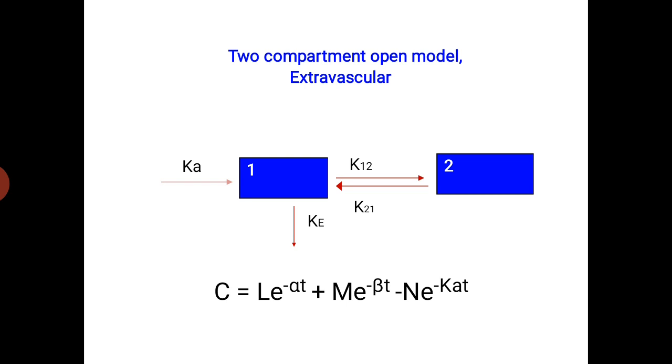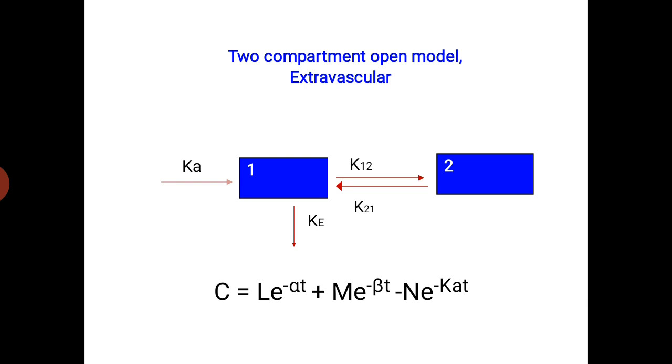L represents the distribution hybrid constant, M represents the elimination hybrid constant, and N represents the absorption hybrid constant. Alpha and beta are the micro constants, having the same values as we learned in the two compartment IV bolus.